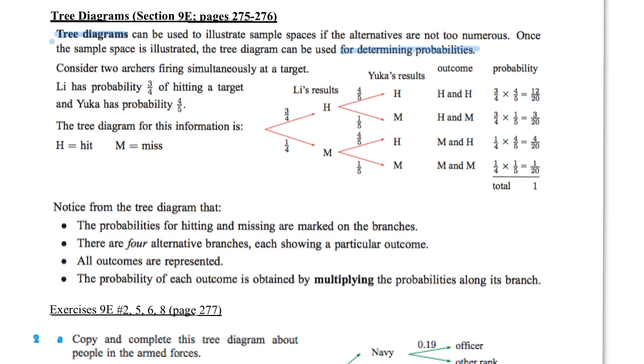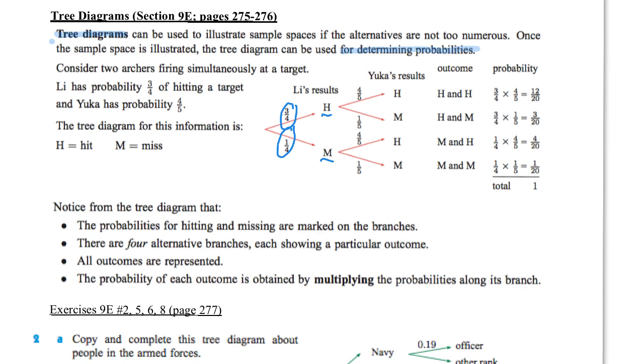So if we look at the first example that's modeled here, we have two people firing at a target. If Lee fires, she's either going to hit or miss, and she does that with a 3/4 or 1/4 probability. Notice that when you put these pairs of probabilities on branches, sometimes they're complementary, in this case hit and miss, and their probabilities will add up to 1.